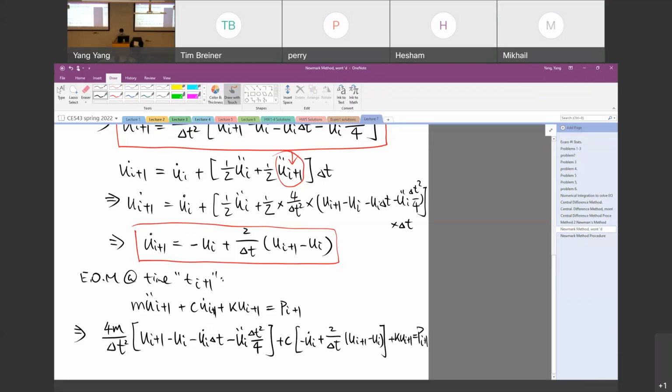You will see the equation of motion in terms of the response at times i and i plus 1.